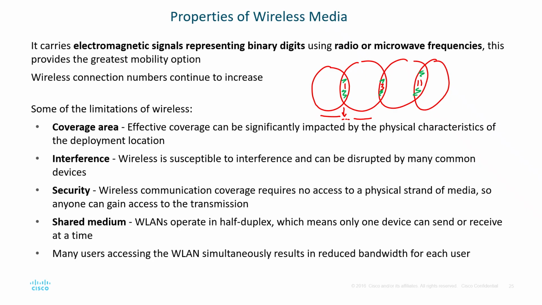Wireless is susceptible to interference and can be disrupted by many common devices. Security: wireless communication coverage requires no access to a physical strand of media, so anyone can gain access to the transmission.